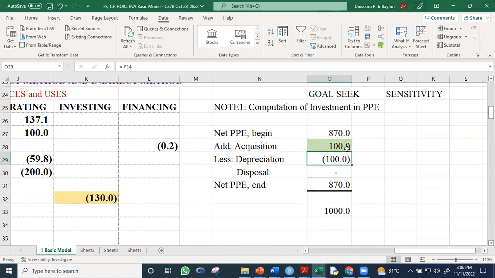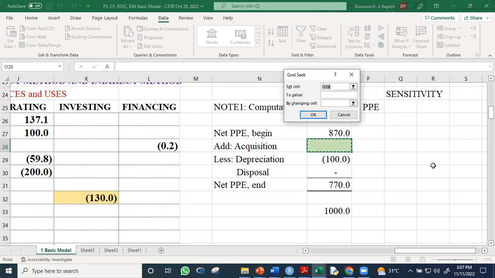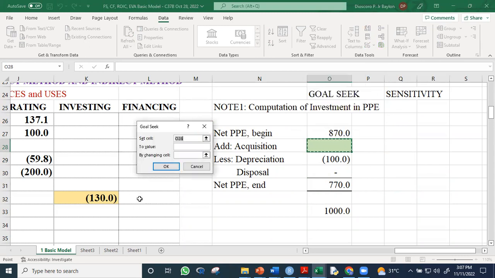So how do we answer that? We're going to make use of the goal seek. So what-if analysis, and then let's click on goal seek. There are 3 parameters in this dialog box that we need to answer. The first and the third one have icons.